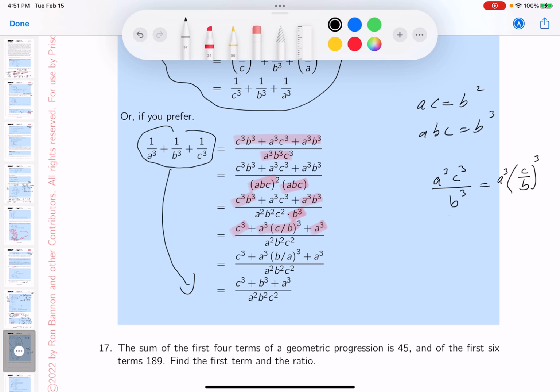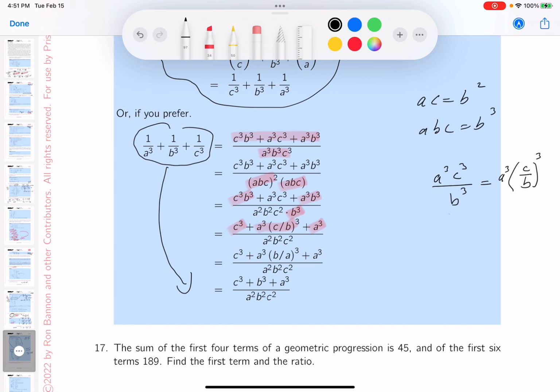Let's see. I got the c over b, right? Well, let me write this over here. I'm using this fact over here now. So c over b would be b over a.